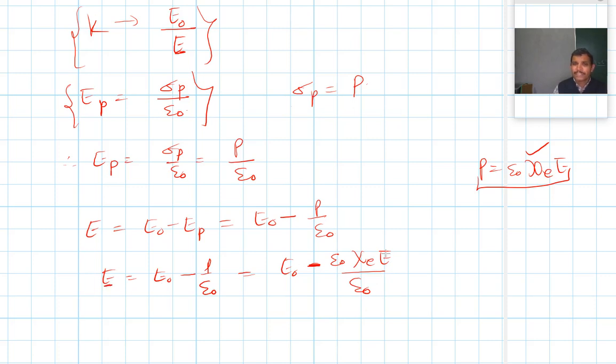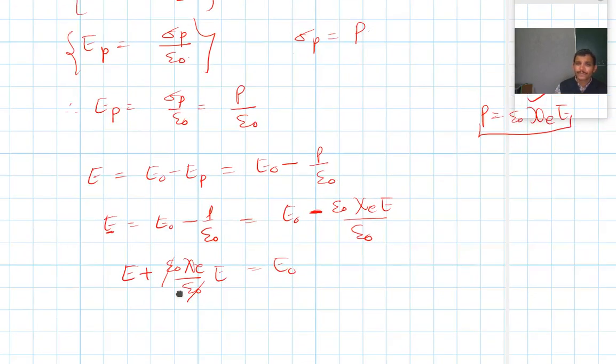So if we bring these two together, then it is E plus epsilon naught chi E E over epsilon naught, and this epsilon naught will cancel out, it is equal to E naught.